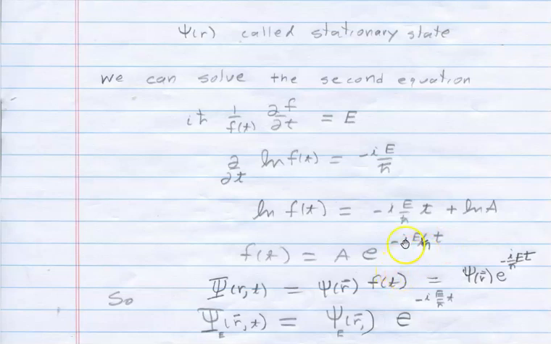And pretty obviously, this f of t here has an a in it, but I can absorb that into this function here. This is still a function to be determined, so I'll absorb this a into this. That's the way most people do, and simply write the separated wave function now in this form.